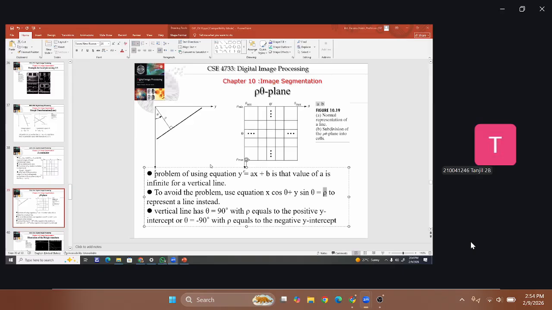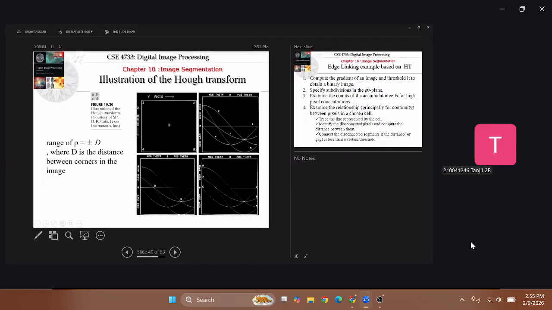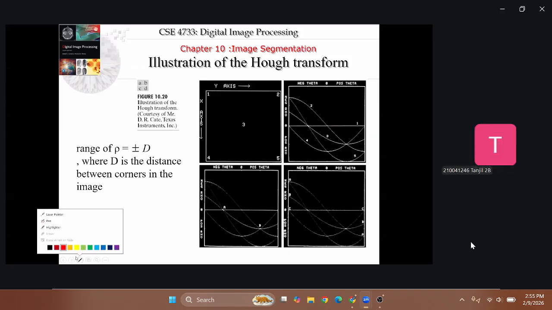In which direction, the x direction, y direction, or diagonal direction? It depends on the orientation of the line. Yes, that's why I'm asking you. What's the maximum distance value possible? That is in the diagonal direction, I think. In the diagonal direction, right?